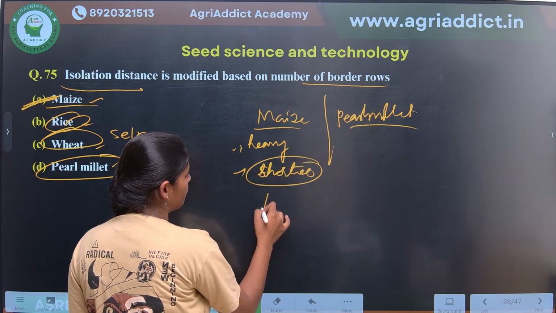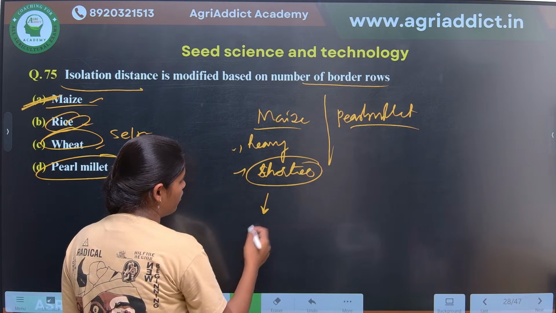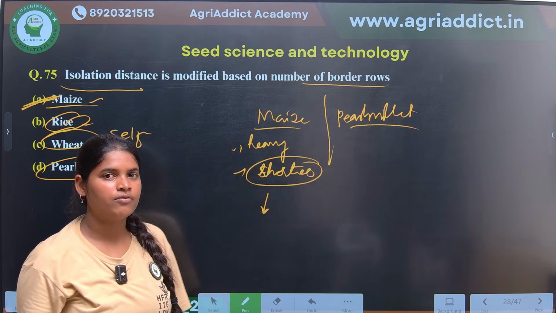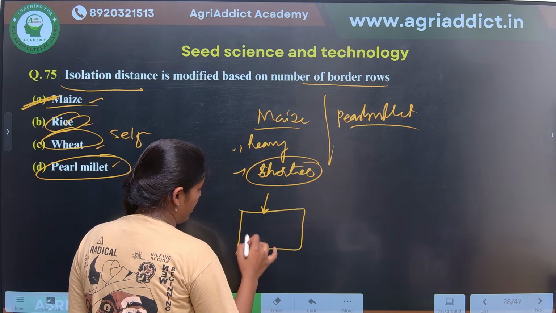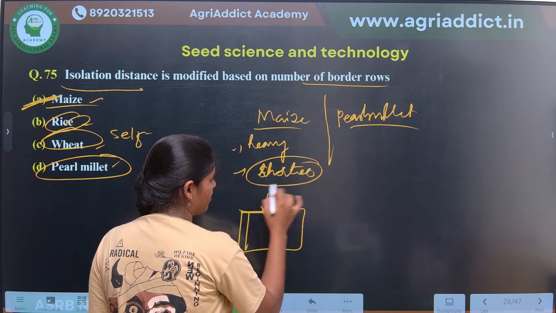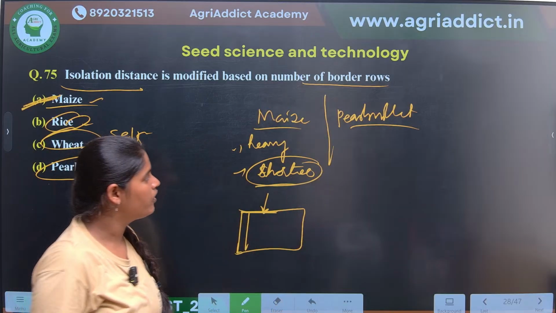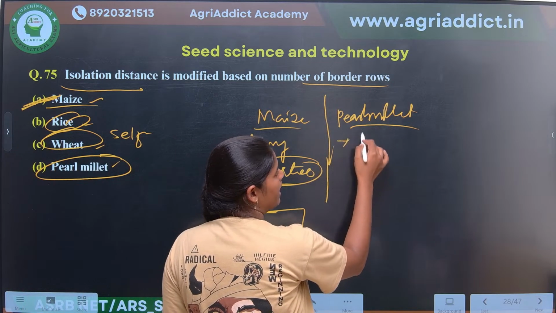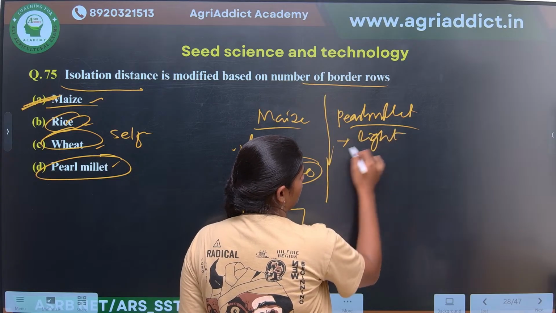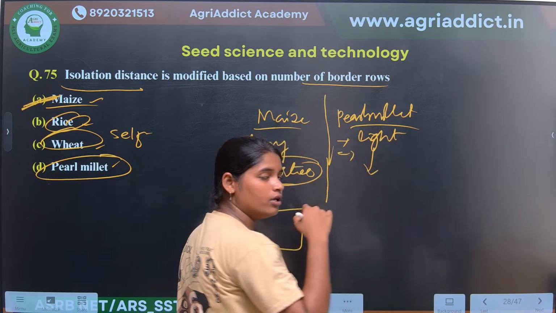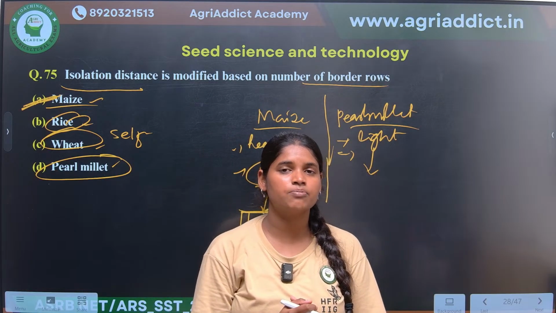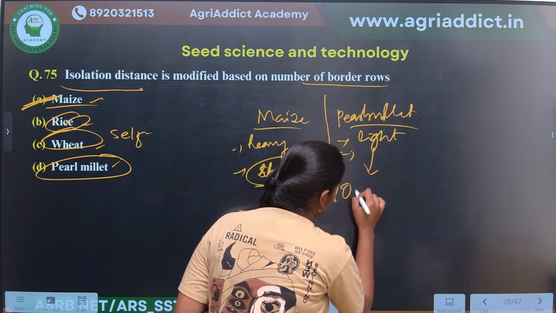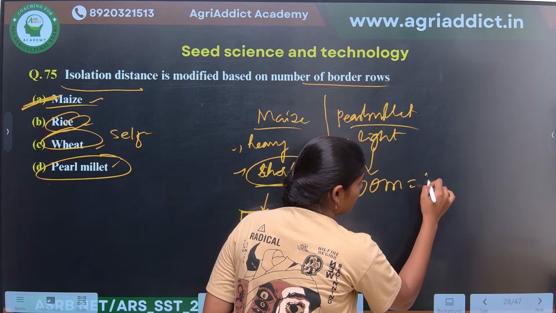So the foreign pollen, the contamination from other fields, can be stopped by planting border rows, since it travels a very short distance. In case of pearl millet, it is a light pollen. It can travel a longer distance. That is why we have fixed the isolation distance in pearl millet, almost 1000 meters, right? In foundation seeds.